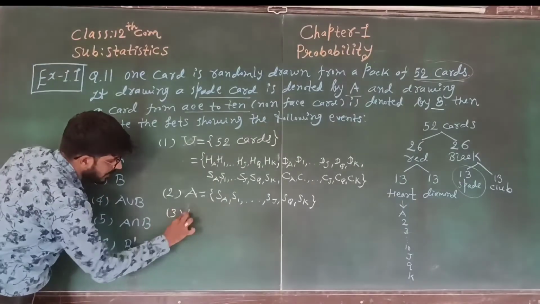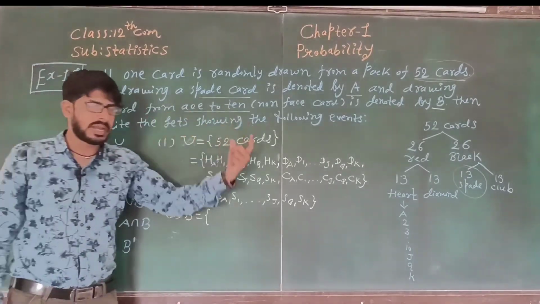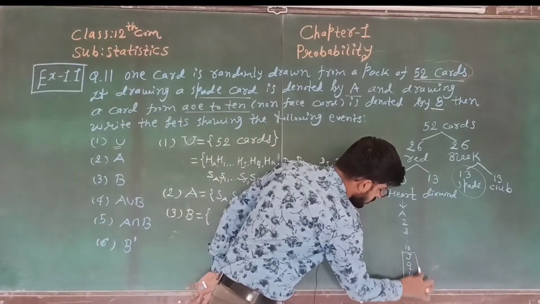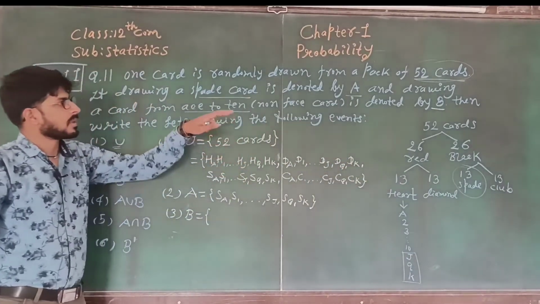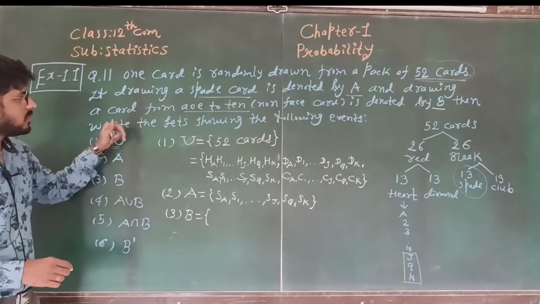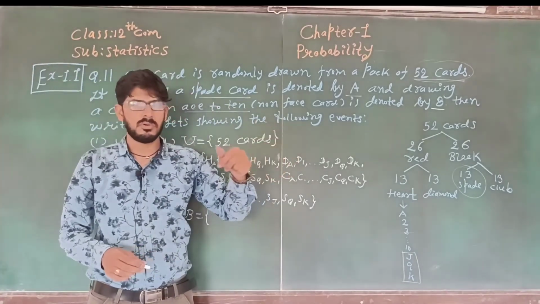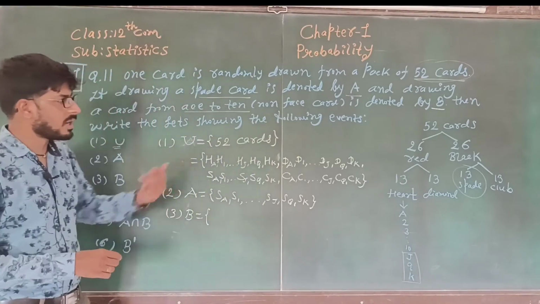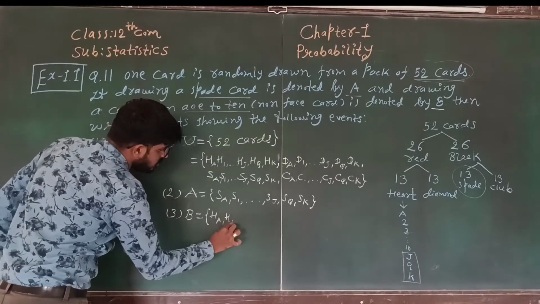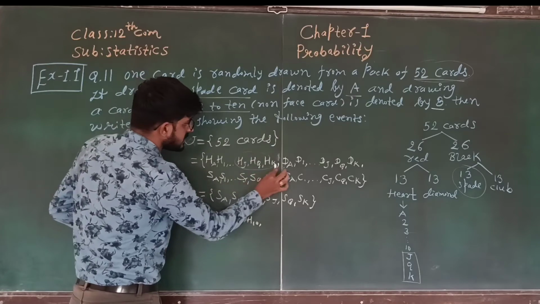Then set B. Third one, B equals, see here given that drawing a card from A to 10, a non-face card. So we have to remove these 3 cards. It is not given whether it is a heart, diamond, spade or club, so we can write all cards. So we can write HA, H1 up to H10, not writing HJ, HQ and HK.